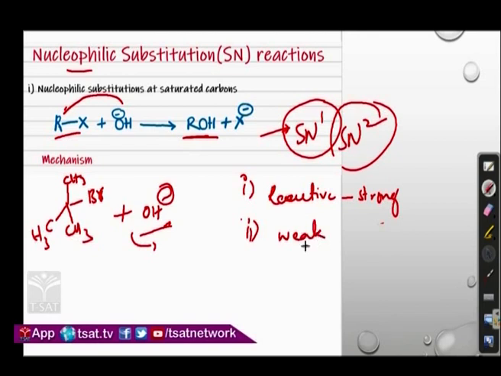Here I am only considering the condition of the nucleophile, that is, the reactivity. In the first condition I am taking a strong nucleophile, a highly reactive nucleophile. A highly reactive species will not wait for this bond to break to accommodate the methyl's carbon and give the product. Because it is highly reactive, it will not wait; it directly attacks the molecule and tries to replace.